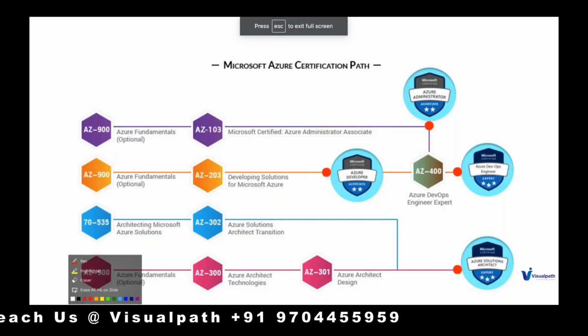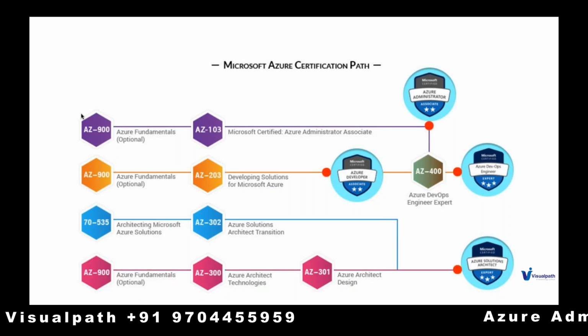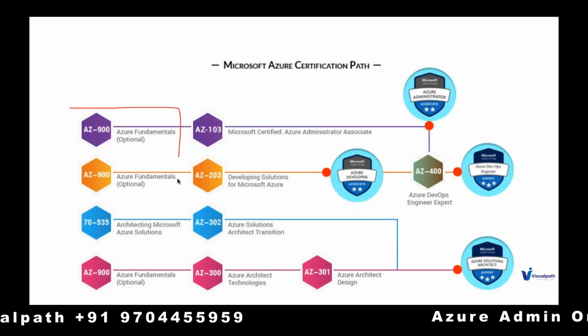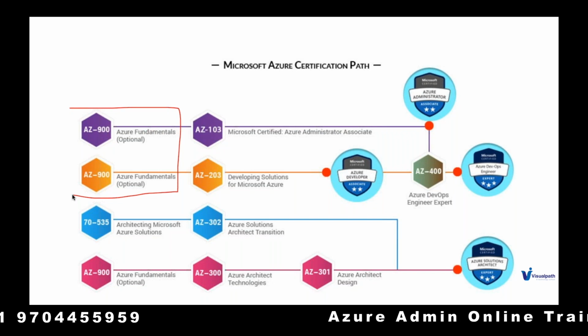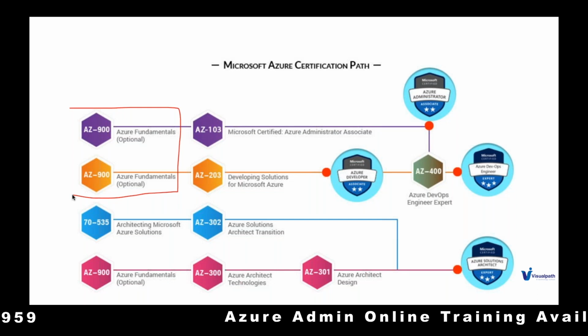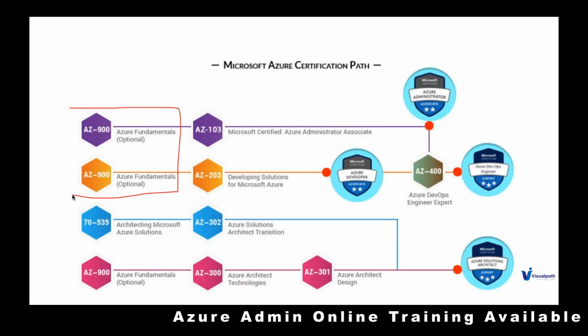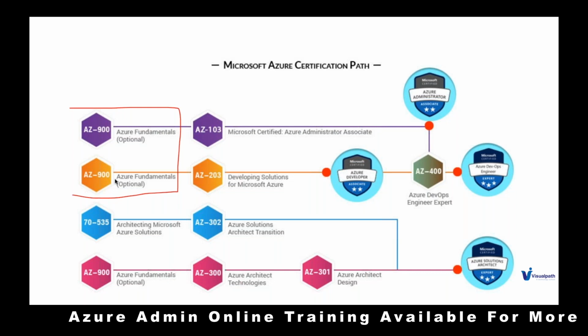Okay, so here you can see AZ900 is the Azure Fundamentals one, and it's an optional paper, right? It talks about the complete fundamentals, like what is cloud, what is Azure, and what are the services in Azure. So it will be covering the theory part.